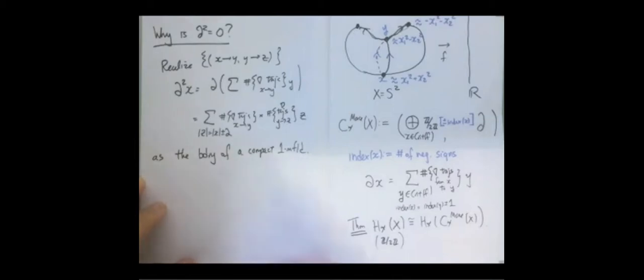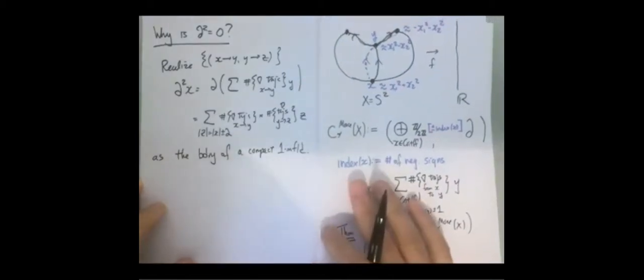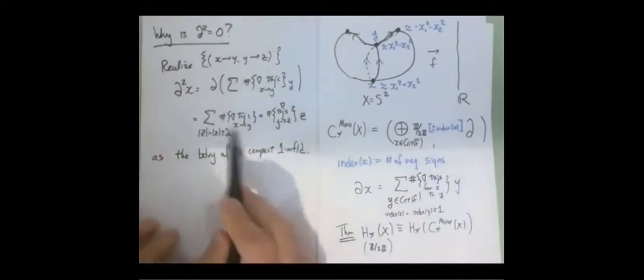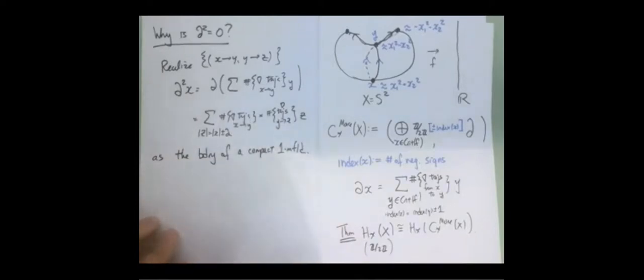And of course, it's one of the first theorems of differential topology that if you have a compact one manifold with boundary, it has an even number of boundary points. And as such, when you count this mod 2, this coefficient in front of z is going to be 0, and hence del squared is going to equal 0. And so the question is the boundary of what compact one manifold?